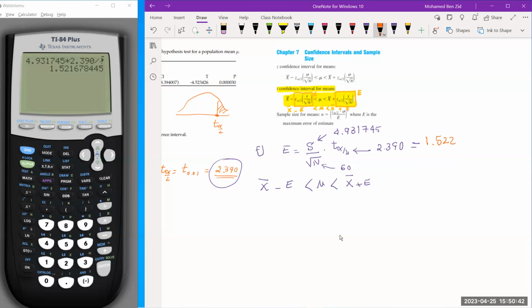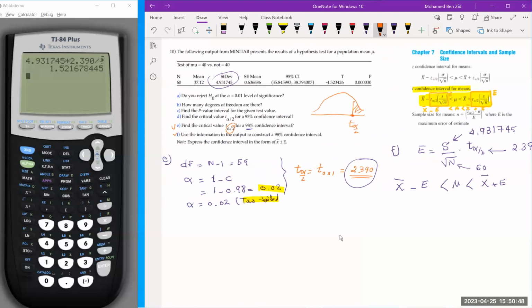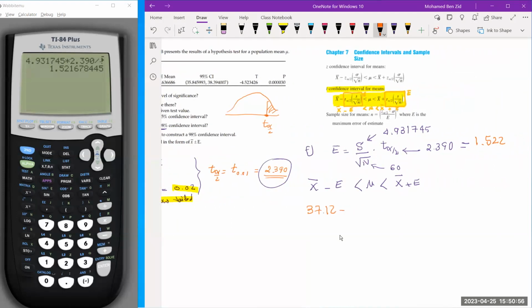So this one is going to be X bar. Again, the X bar is this value, 37.12. So you're going to have 37.12 minus, let's round it to 2 decimals, 1.52. And the mean, and this is going to be 37.12 plus 1.52. Okay, so let's do the operation.